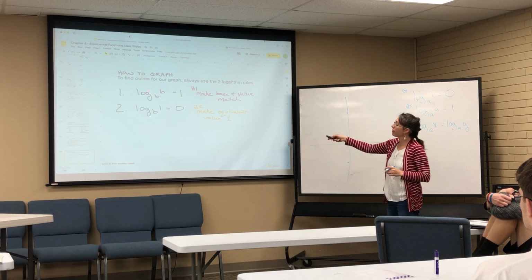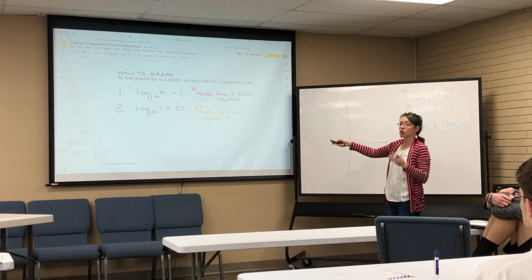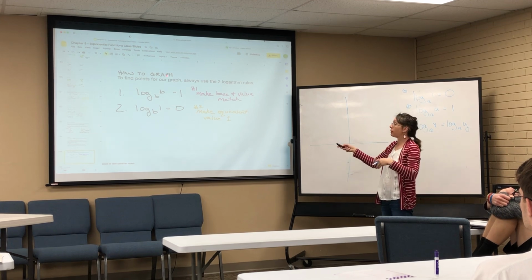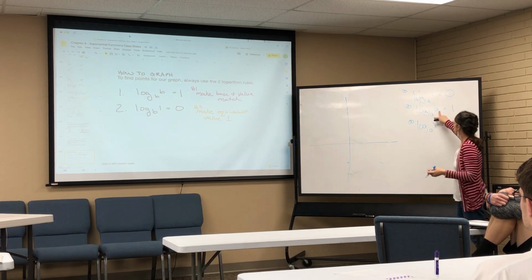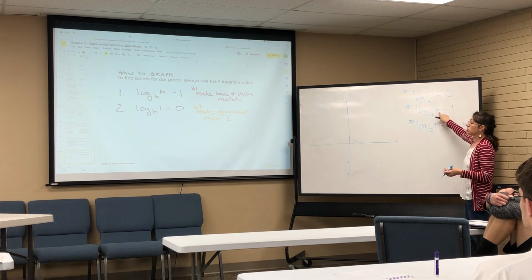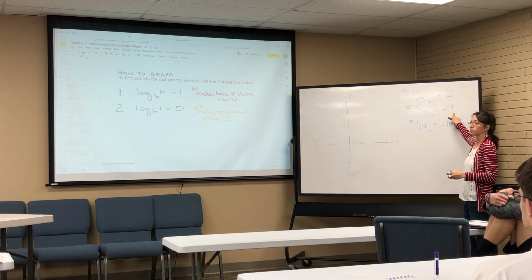So when the bases match, we just learned that. When the bases match, it's the x value. And our x value here is an unwritten 1. So when our bases match, log a to a, so log base b to the equivalent value b, we know it equals 1.